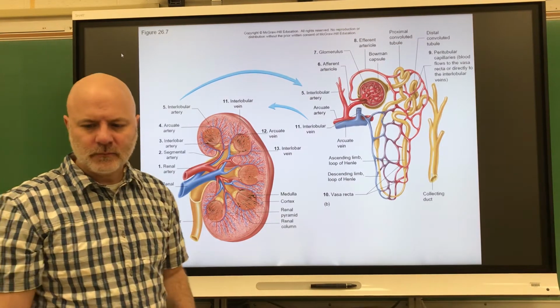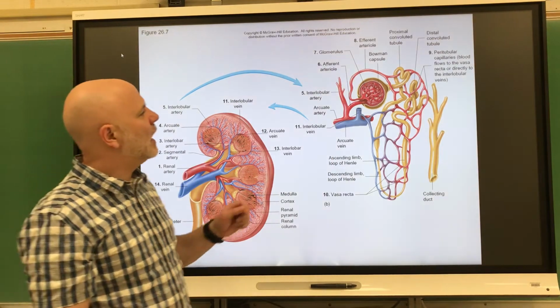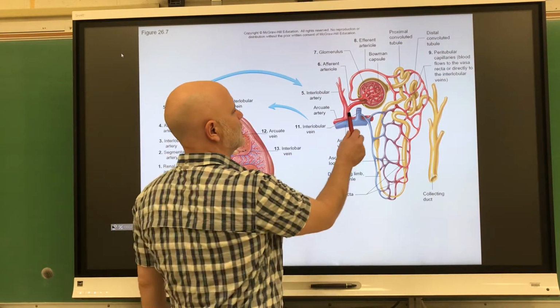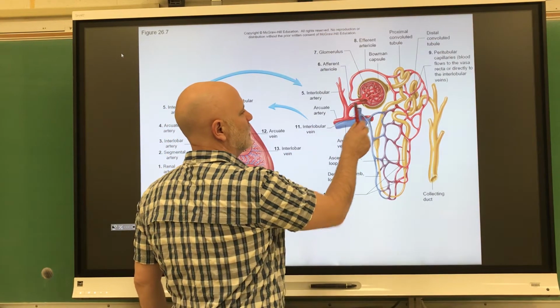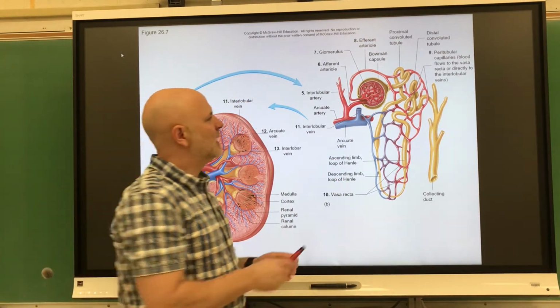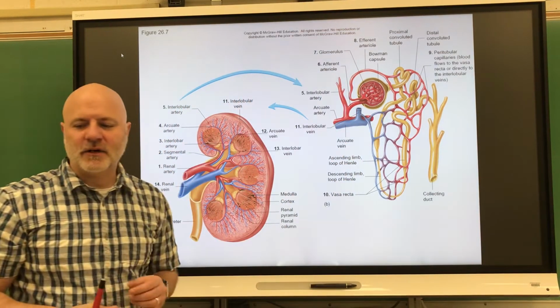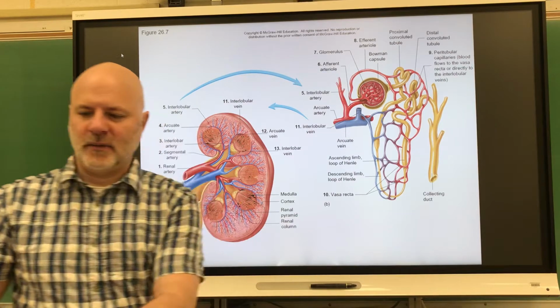So let's take a look at some blood vessels that are important here. One is the afferent arteriole. Shown right here is the afferent arteriole. This is going to supply blood to the glomerulus. Next is the efferent arteriole, the one that we see here. The efferent arteriole carries blood away from the glomerulus.